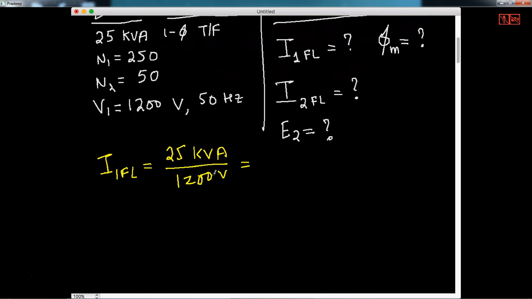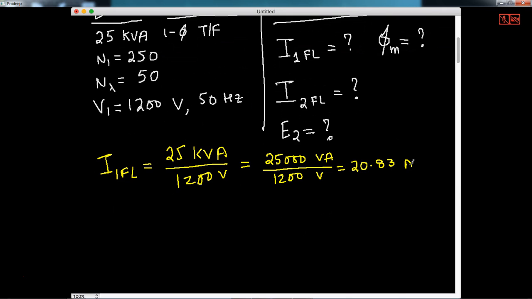So this is nothing but 25,000 volt amperes divided by 1200 volts. How much is that? Let me use my calculator. It is 20.83. So this is the full load primary current.